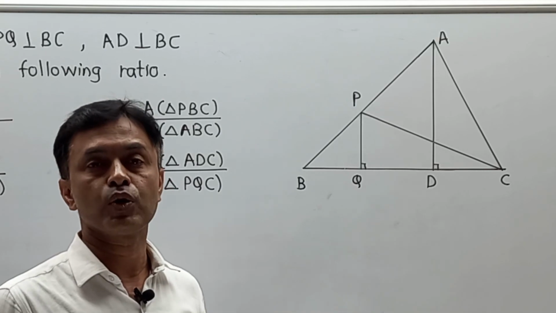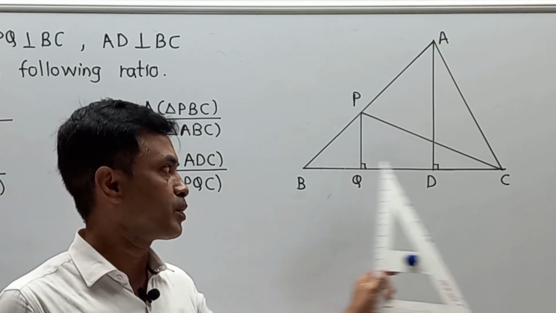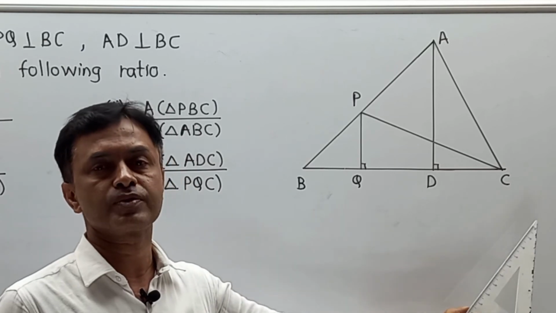So naturally ratio of area of two triangles is equal to base of first triangle divided by base of second triangle.